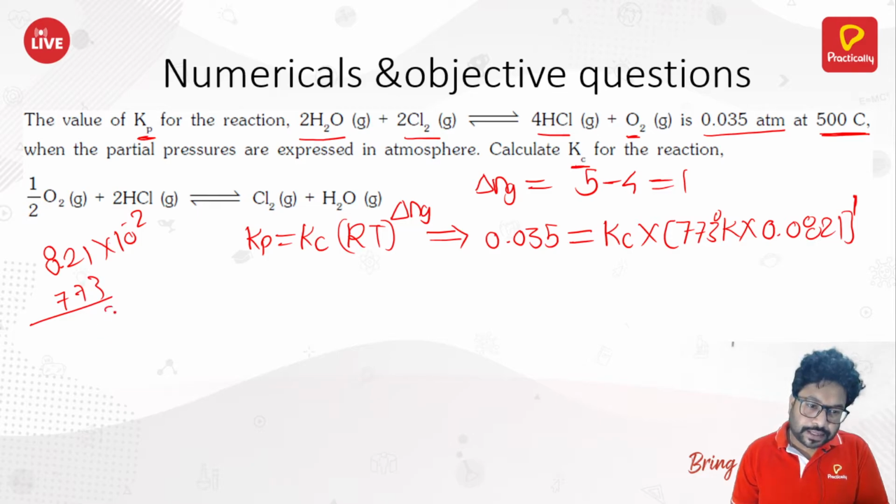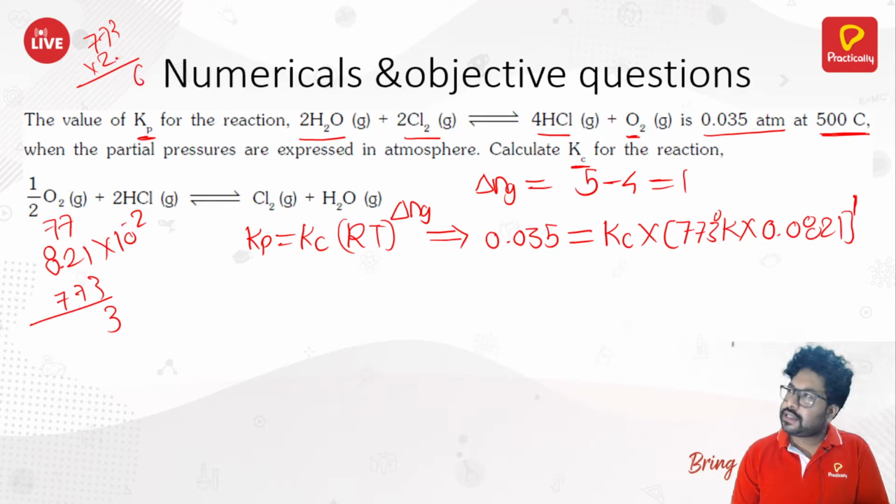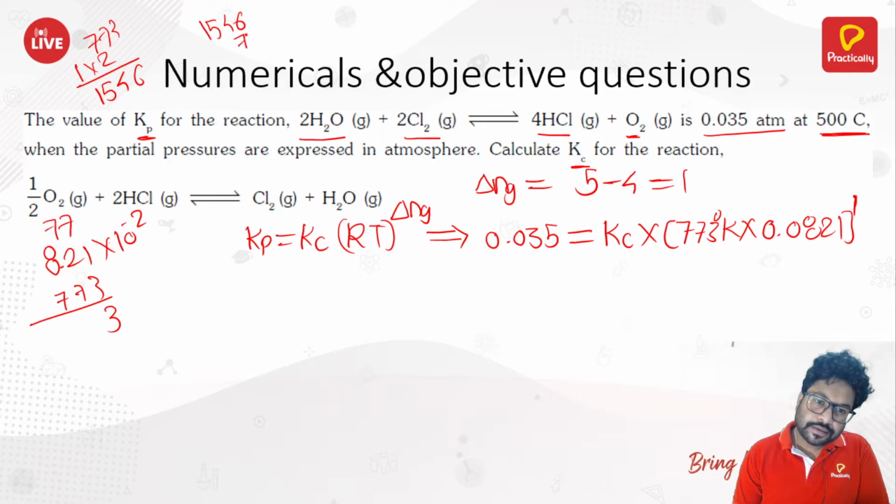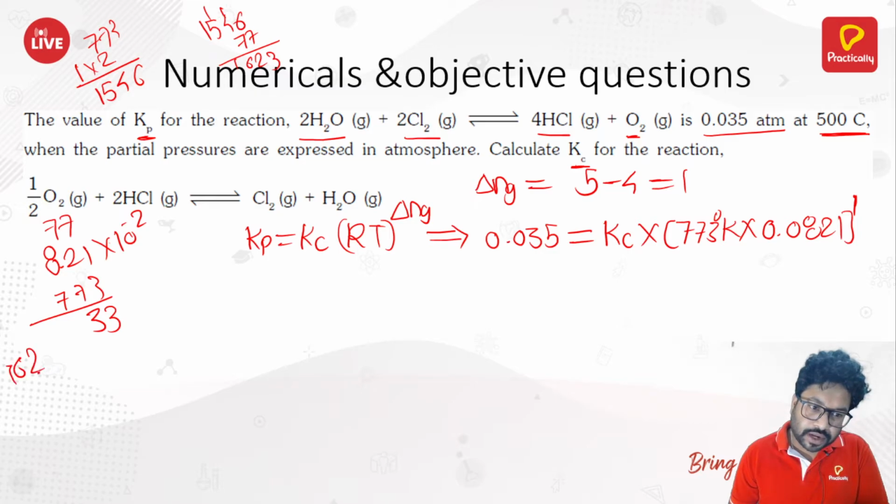773 into 1 is 773. Now 773 into 2. 2 3s are 6, 2 7s are 14, 4, 1. 2 7s are 14 plus 1, 15, 1546. 1546 plus 773. 7 plus 6, 13, 1. 7 plus 4, 11 plus 1, 12, 2, 1. 5 plus 1, 6, 1, 6, 2, 3. Out of that, 3 will become here. 162 will be carried forward.